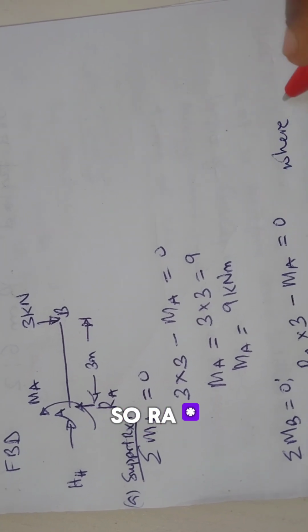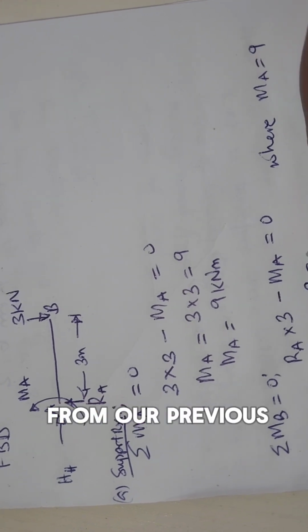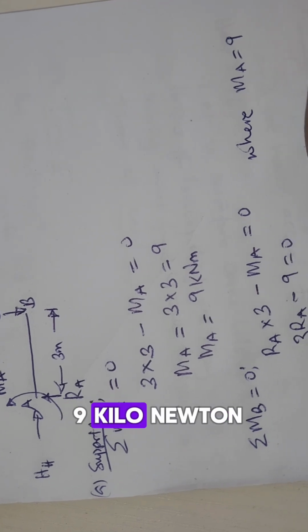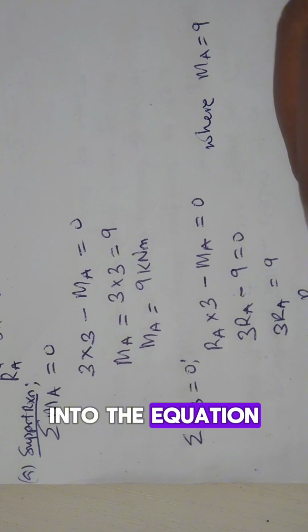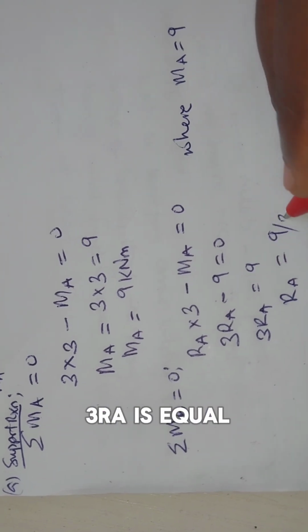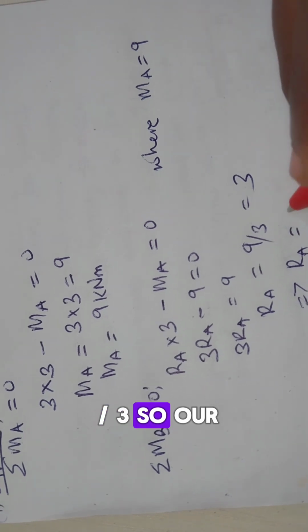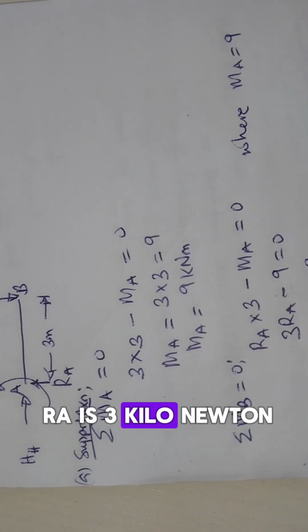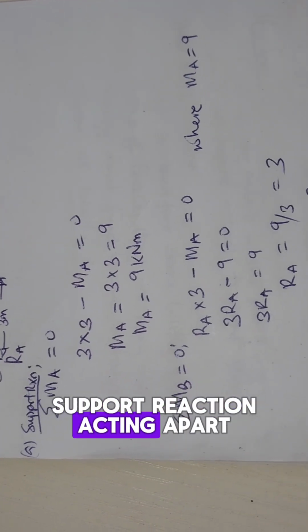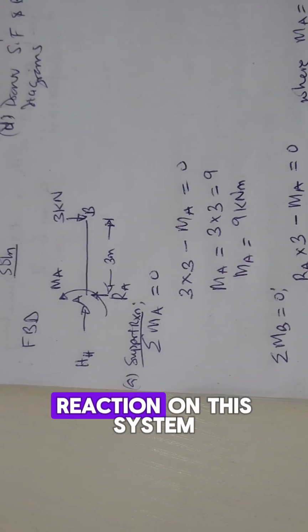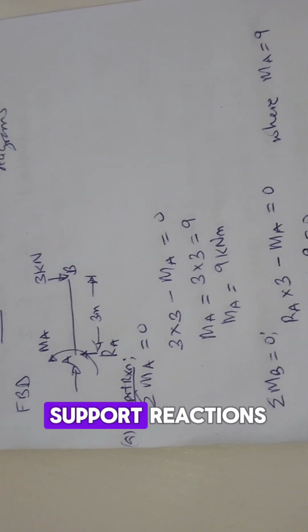So RA times 3 minus MA is equal to 0, where MA from our calculation is 9 kilonewton meter. So we substitute our value for MA into the equation. We now have that 3RA is equal to 9, and RA is 9 divided by 3. So our RA is 3 kilonewton. That's the only vertical support reaction on this system, and we have gotten it to be 3. So these are our support reactions.